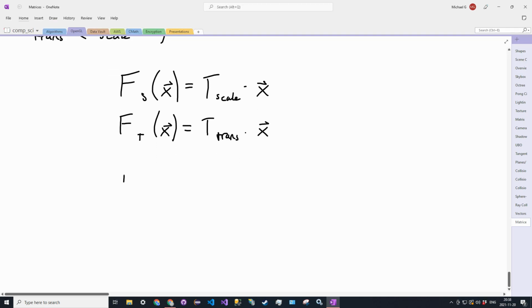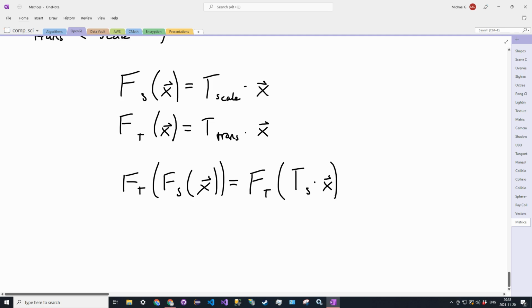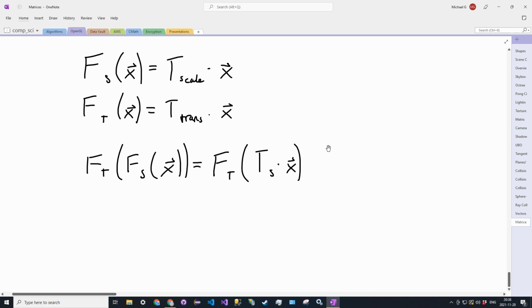If we do f translate of f scale, because we have to scale it first before translating, so we need to pass the base vector into the scaling function first, what we get is f translate of T scale times the vector x. And this is a vector in and of itself, so if we pass this as an argument into f_t, the translate function, we just get T translate times T scale times the vector x. So we're just multiplying matrices by each other.